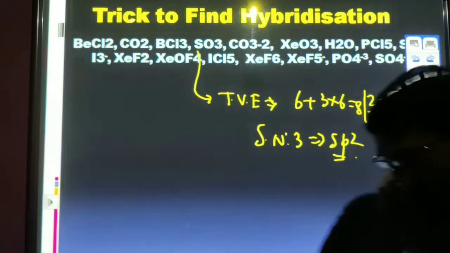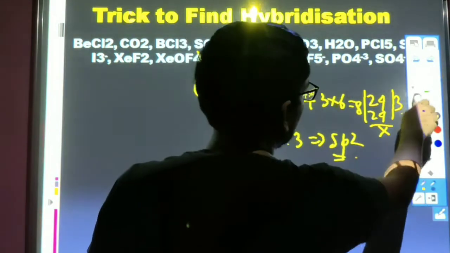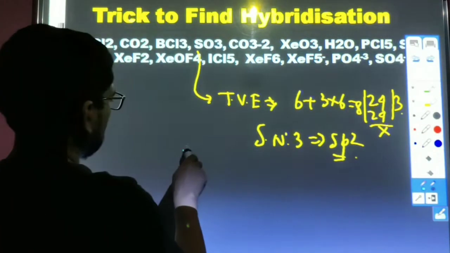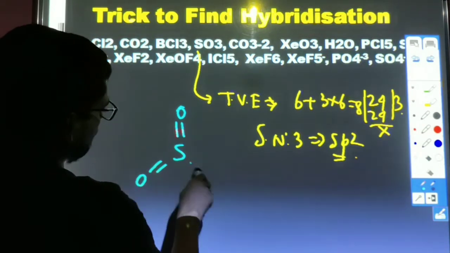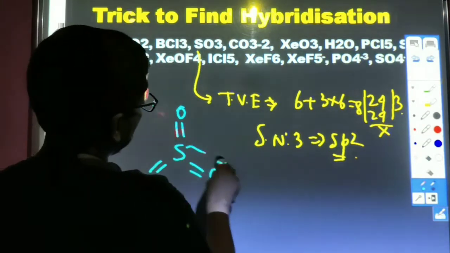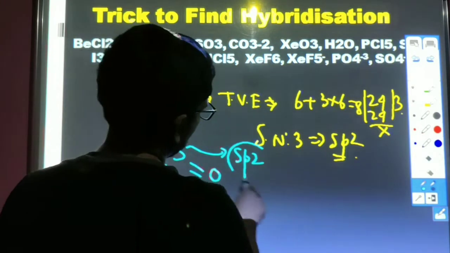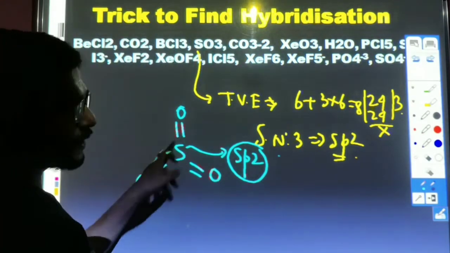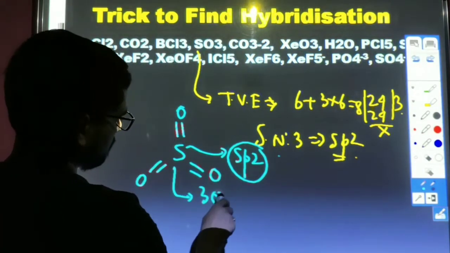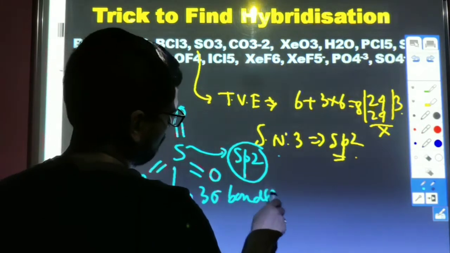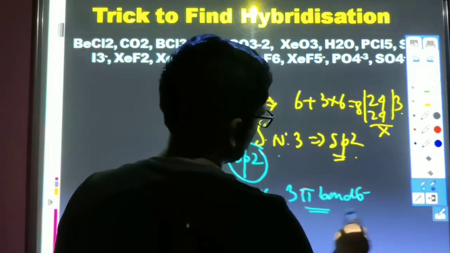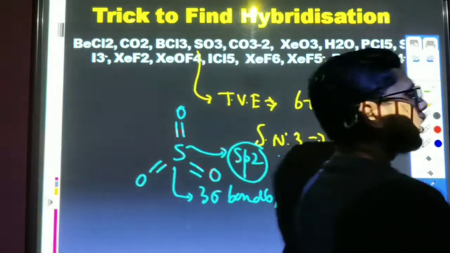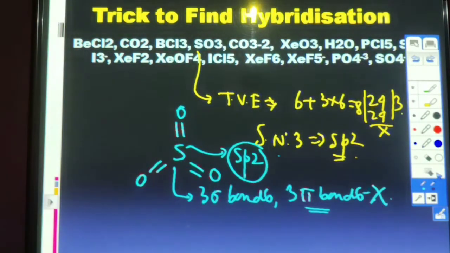So what will be the structure of SO3? Sulfur is double bonded to each oxygen. Here sulfur is sp2. Sulfur forms 3 sigma bonds and 3 pi bonds. Pi bonds do not have any role in hybridization, so we won't count that.